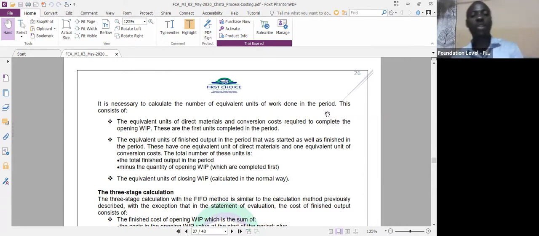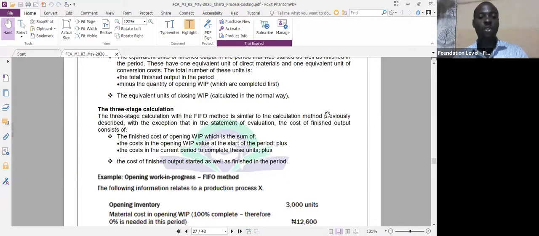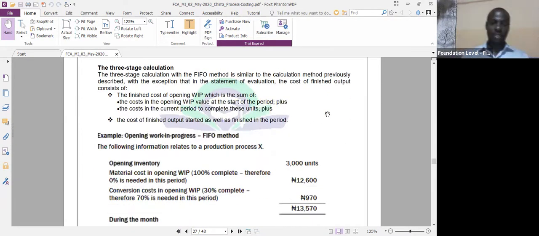Now, minus the quantity of opening work in progress and completed. Then we will now calculate the equivalent unit of closing work in progress in the normal way. Maybe we'll do a calculation here to show how this is done. Okay? 3-stage again.